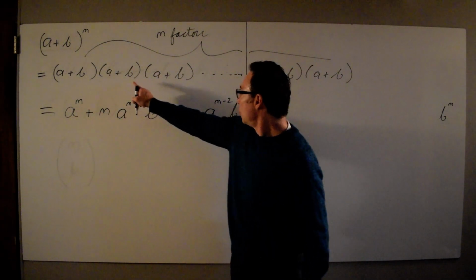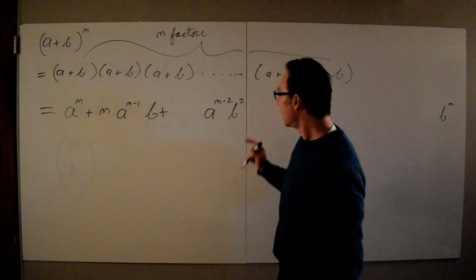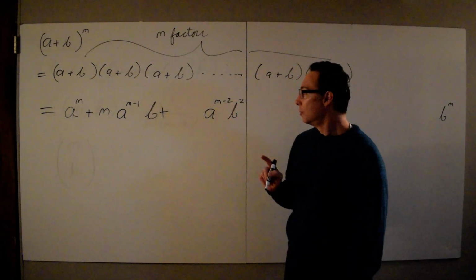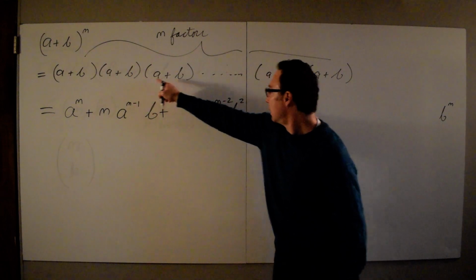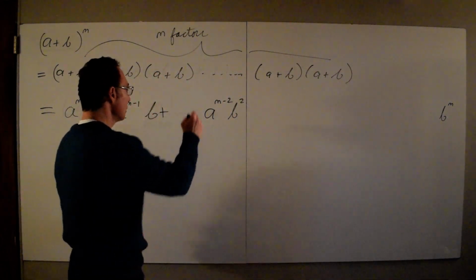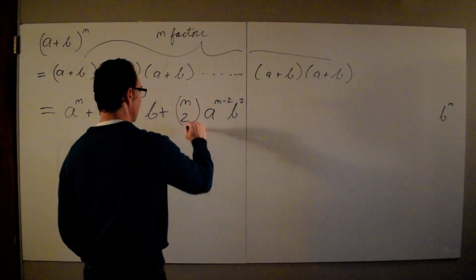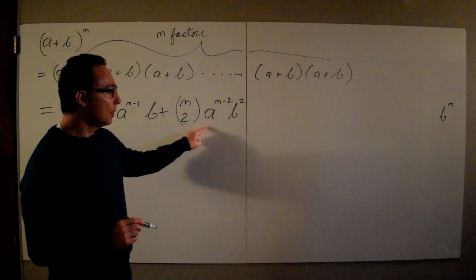We choose two of our factors to give a b and the rest a's. How many ways are there to do that? N choose 2. We choose two b's from our set of n. To save space, I'm going to use the second notation I showed you. There are n choose 2 of these terms.